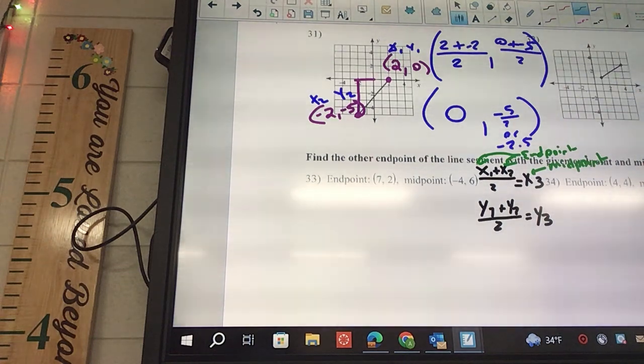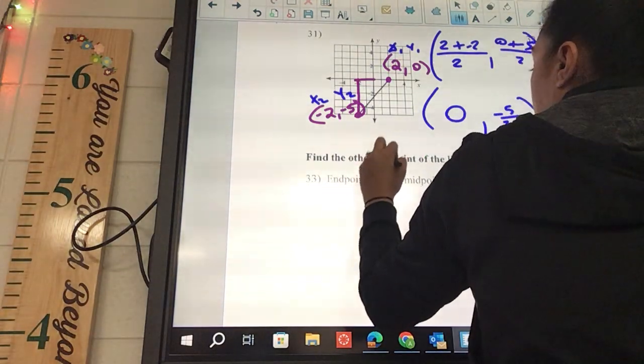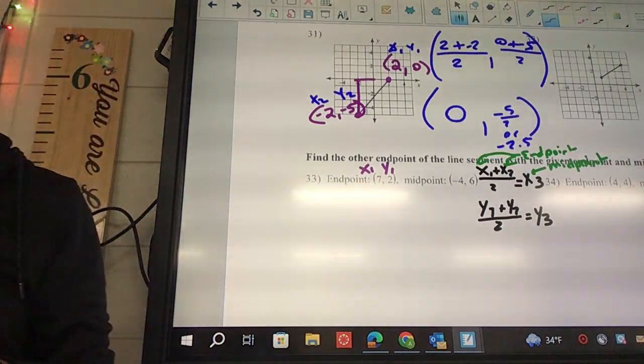Okay, so my first endpoint, I'm going to label what? Is it going to be an x1? X1. Okay, so we're going to say x1, y1. What about the midpoint? What does he have to be labeled? X3. Okay, so it's going to be x3, y3.